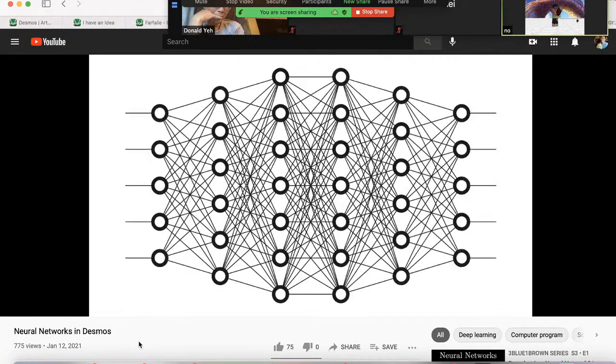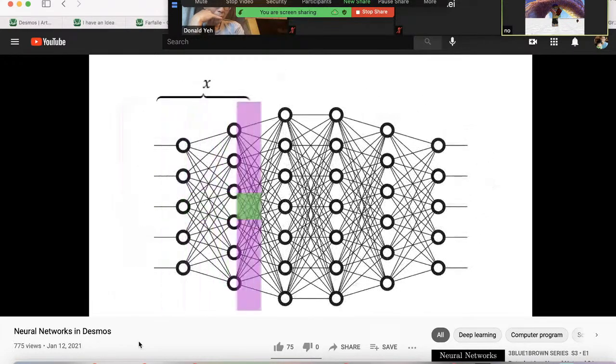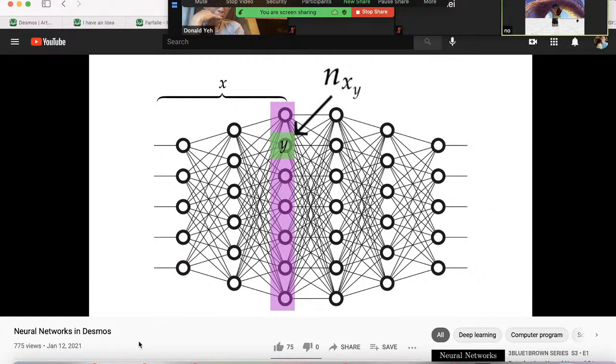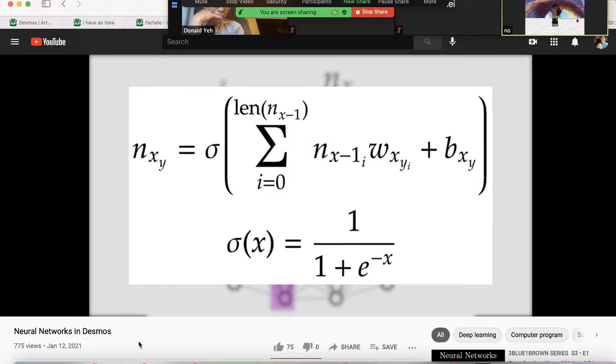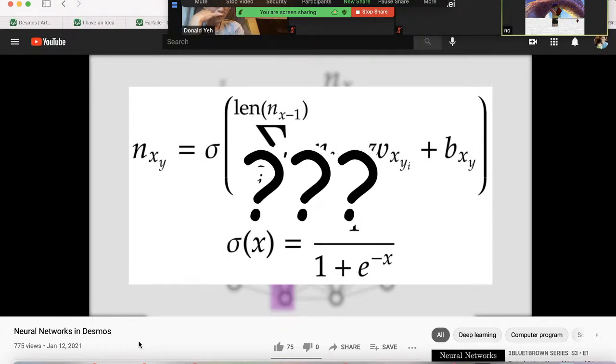If we were to represent our network such that each neuron could be thought of as a coordinate with an X component as its layer in the network and a Y component as its position in said layer, we could say the activation states for each of the neurons in the network could be represented as this. Of course, seeing a giant block of math like this isn't very useful unless you get an intuitive grasp on what it means, so here goes.